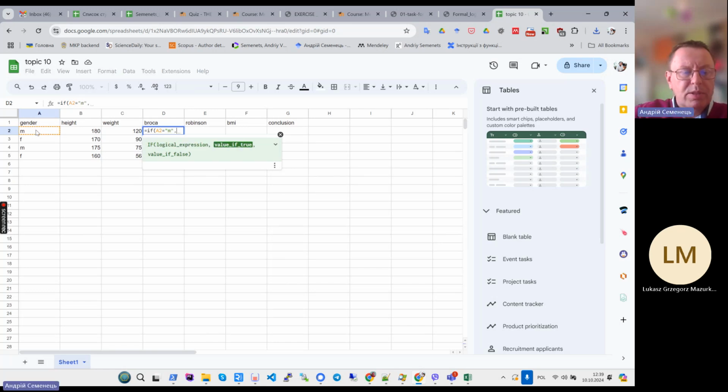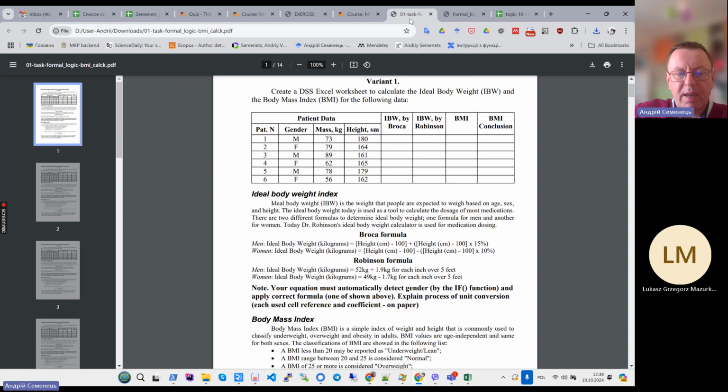Is it true or false? In case it's true, I have to provide the value if true, which will be the formula for male. This one, the first formula.